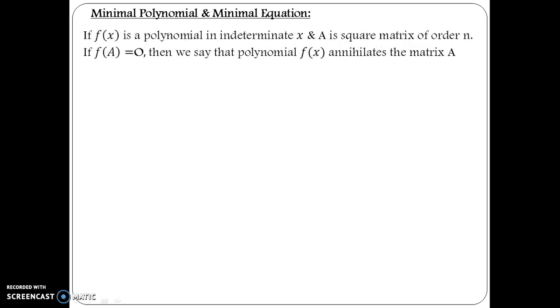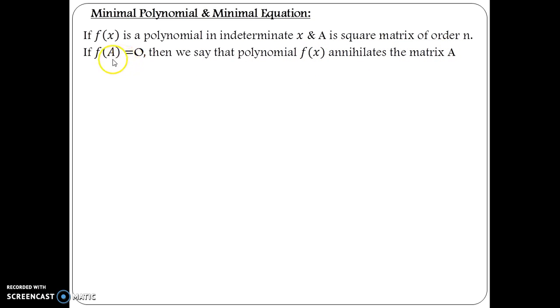So let us see first of all what is known as annihilation. If f(x) is a polynomial in indeterminate x and A is a square matrix of order n, and if you have f(A) equals 0, where 0 means it's a 0 matrix, then we say that the polynomial f(x) annihilates the matrix A. That means f(x) completely destroys the matrix A in general language.